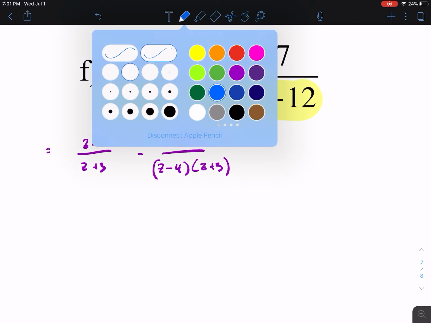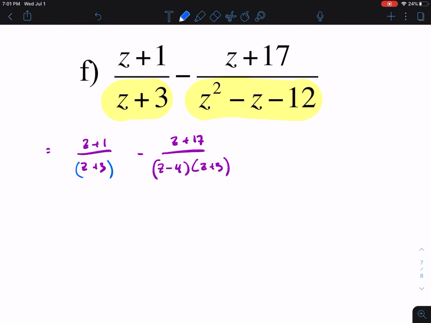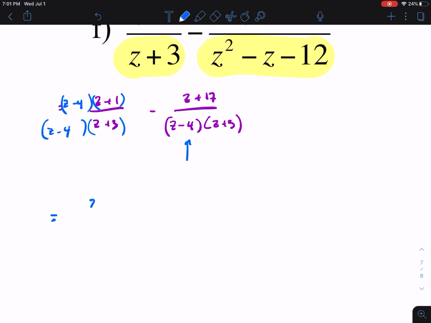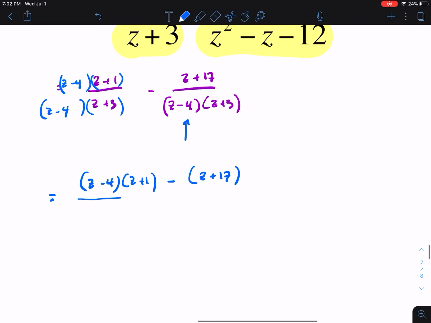To make this work, notice that this one has a z minus 4, this one doesn't, so we're just going to go ahead and times by z minus 4. And we have the matching denominator. That's all we need for this one, really. So we have z minus 4 times z plus 1 minus z plus 17, all over the common denominator, in this case z minus 4 and z plus 3.